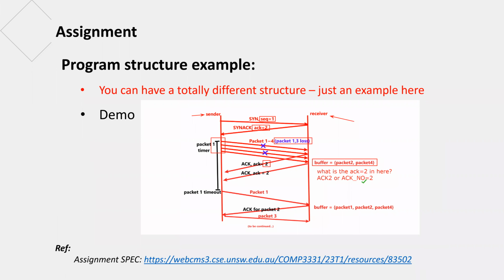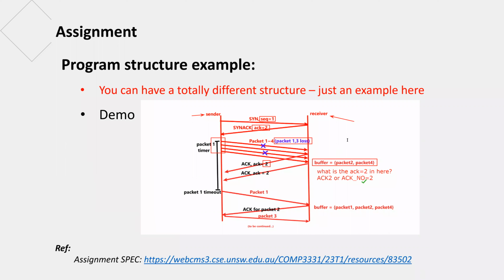So I just want to make it clear. As we have packet 1 lost, and we get packet 2, what sequence number should we reply to the sender side? It's sequence number 2. Yes, exactly, packet 1's sequence number, indicating we have not received packet 1 yet.